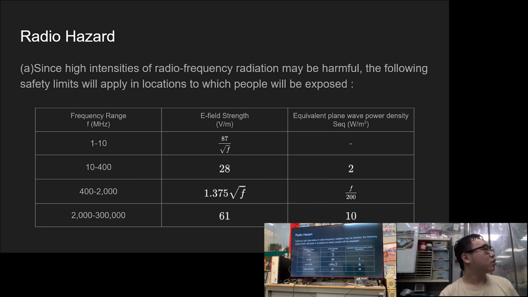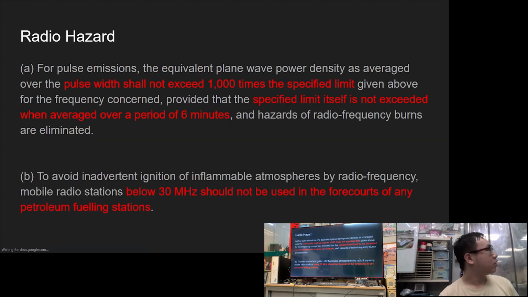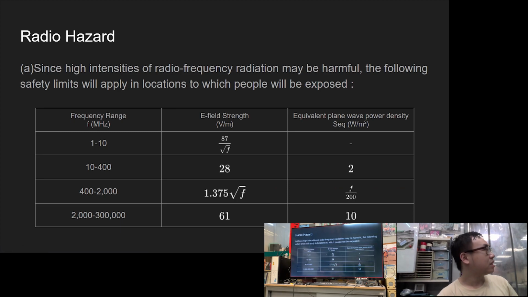Okay, so you are not going to exceed this number, averaged over 6 minutes. Okay, and then 1.75 square root f. You really have to memorize these numbers, because if it doesn't appear in my exam, it will likely appear in your exam. That's why remember it.